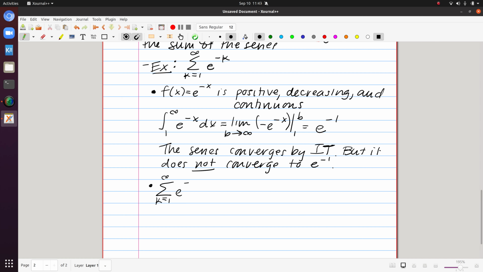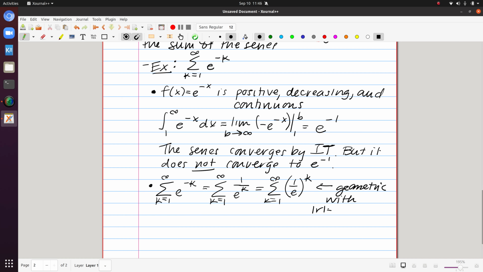But moreover, we can look at the fact that this sum is actually a familiar type of sum. Turns out this is geometric. To see that, we can rewrite this. This is 1 over e to the k. And further, I can write that as 1 over e all to the k. So this is geometric with the r value, in absolute value, being 1 over e. So that's less than 1.